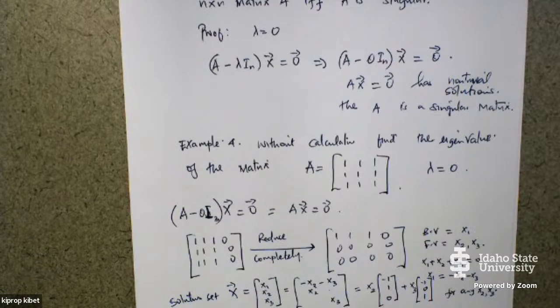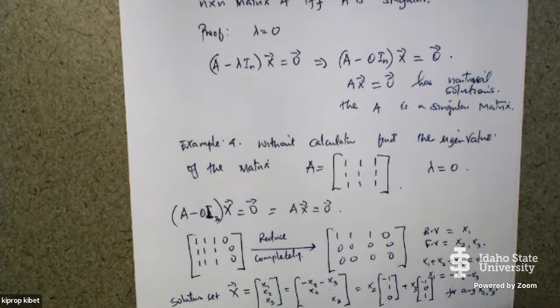They are eigenvectors of A. So therefore, these are our eigenspaces. Any question up to that?